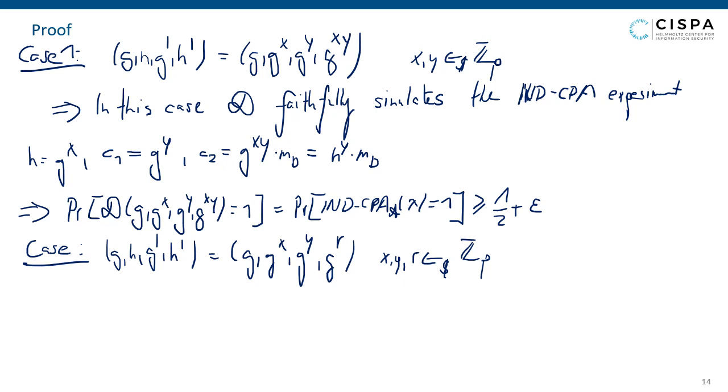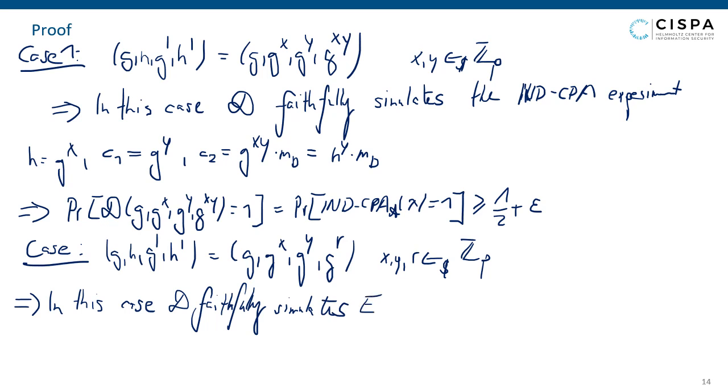So G is a generator here, and the other 3 group elements, G to the X, G to the Y, G to the R, are just uniformly random in this group. Now, of course, as you expected, in this case, D faithfully simulates the experiment X', the modified experiment.